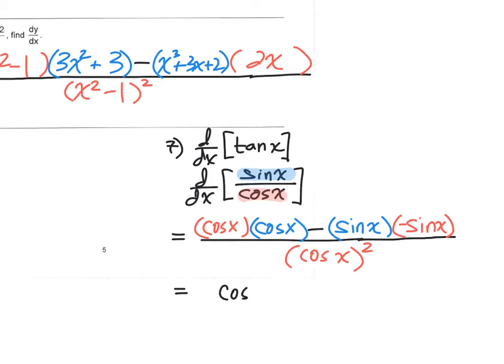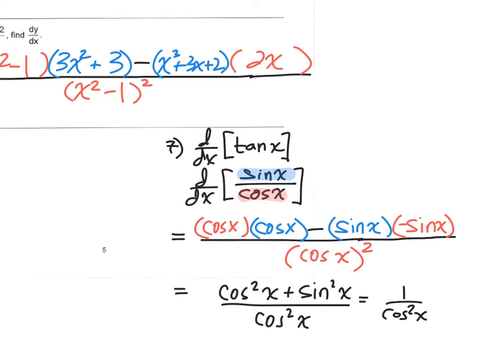So cosine squared x plus sine squared x over cosine squared x. Now what is cosine squared x plus sine squared x? 1. And what is 1 over cosine squared x equivalent to?